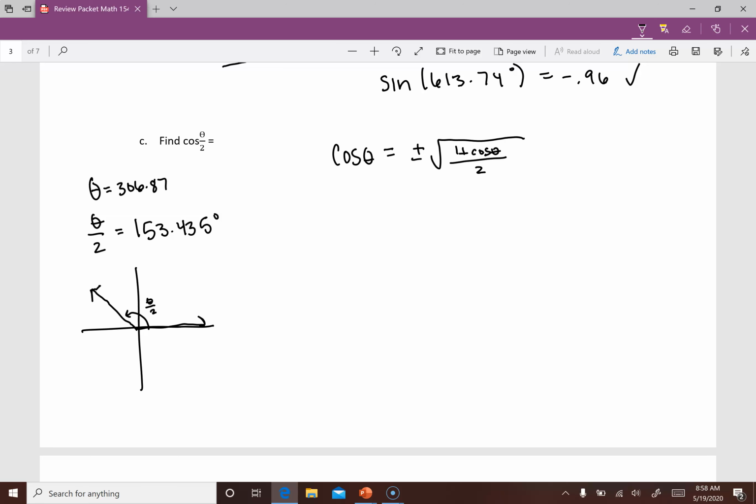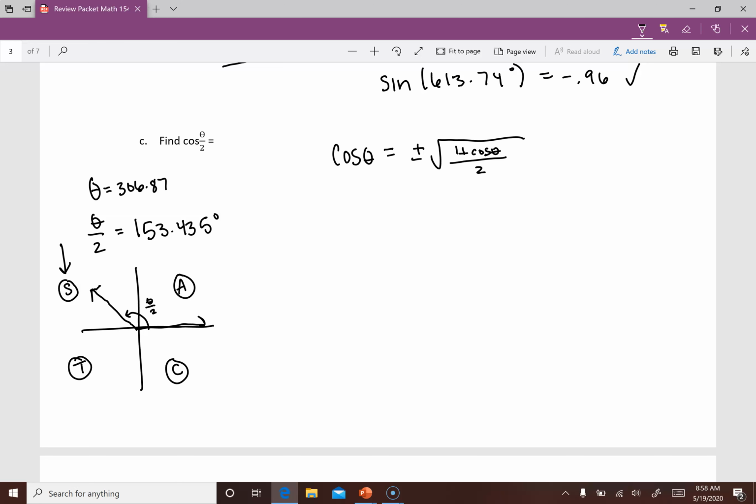Okay. Well, we're talking about cosine, and is cosine positive or negative in the second quadrant? Well, you could certainly look at your unit circle to figure that out, or you could say all students take calculus and know that the only thing that's positive in the second quadrant is sine.